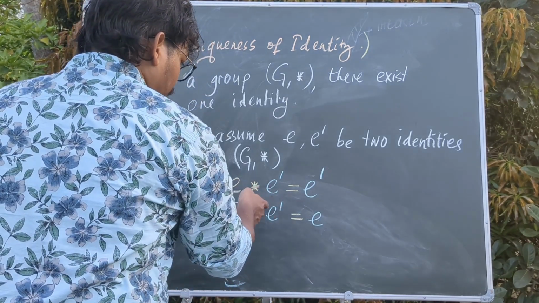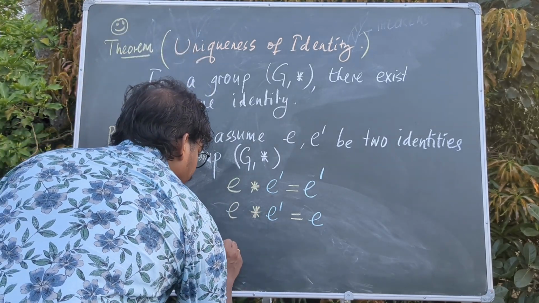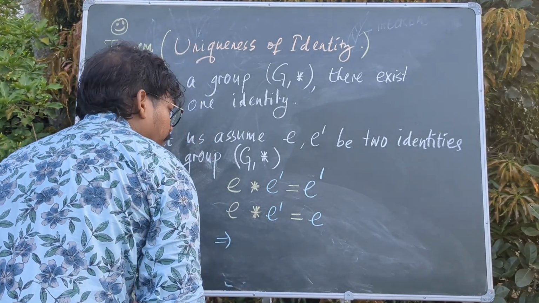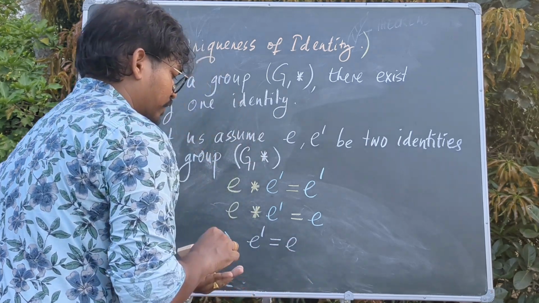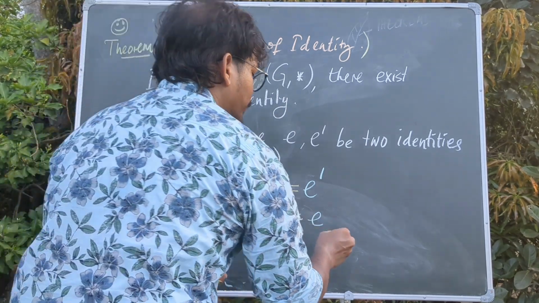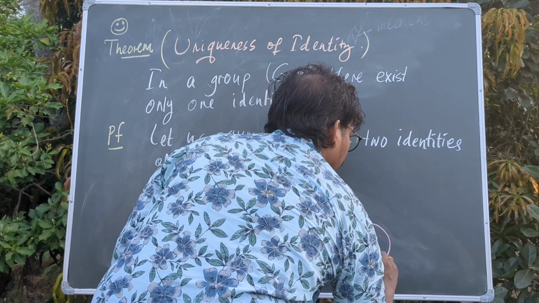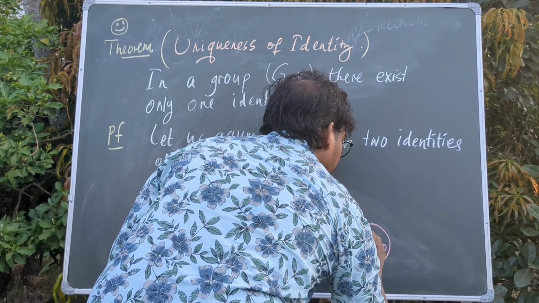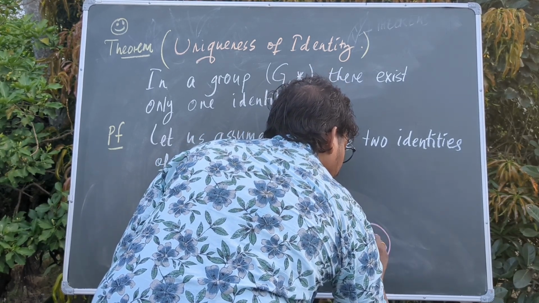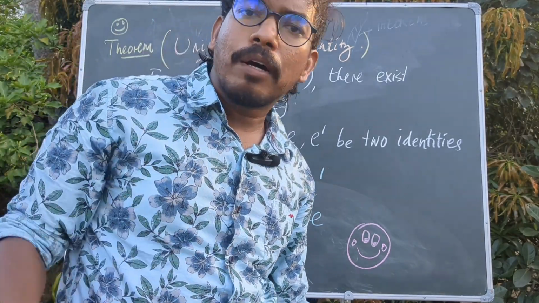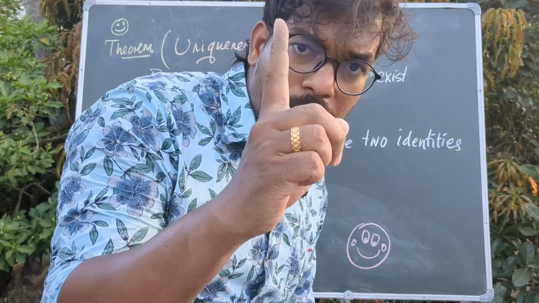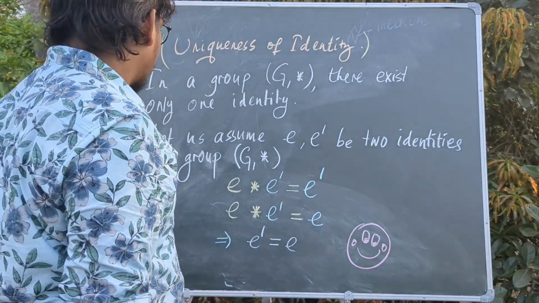So by these two lines we have, that implies E dash is the same as E, and this happy little theorem is proved, and we are happy. So in any group we have how many identities? We have only one identity. Let me erase this.